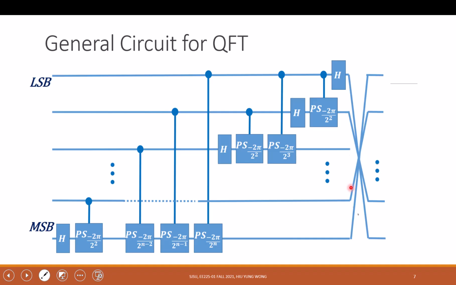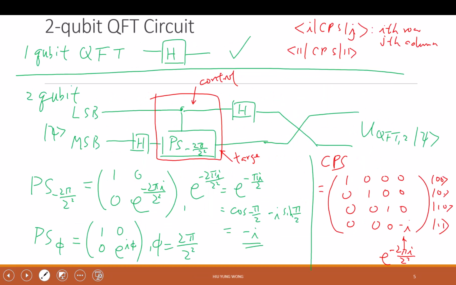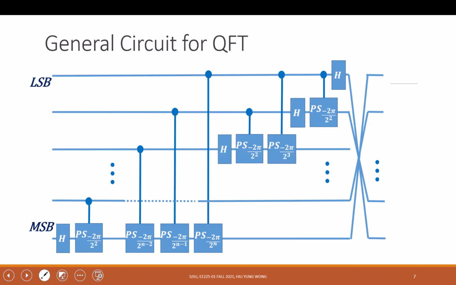This is what we said earlier. All you do is just swap them. Okay, that's the first thing. And then I start from the left. On the left, again, you see every qubit gets a Hadamard gate. This is just like what we see here for LSB and MSB. So that is easy. And then the rest is this.